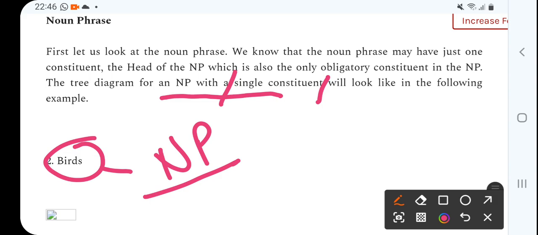However, in "birds fly", "birds" is a noun phrase and "fly" is a verb phrase. Even a single word can be a single constituent in a phrase, so that will be the noun phrase, and "fly" is the verb phrase.